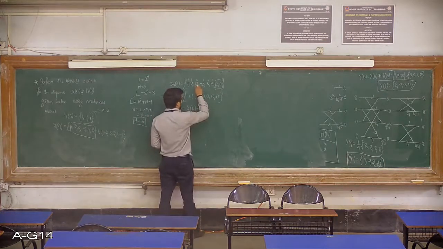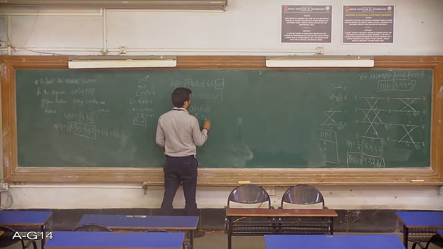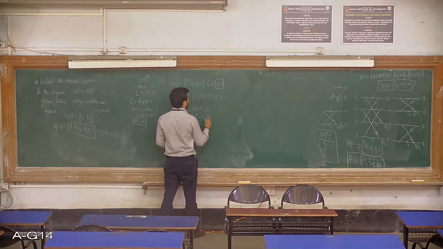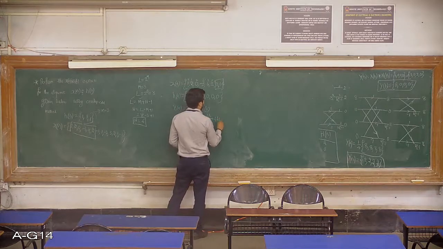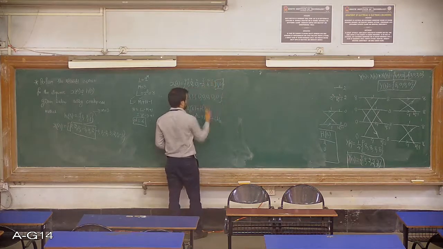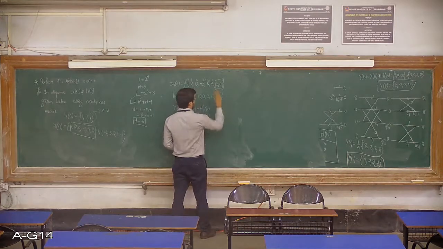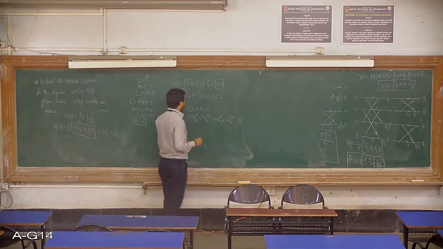Here 0 is there, ignore it. Minus 3. W8 of, what is the value, n value? 3. So 3k plus 4. W8 of, what is the value here? 4. So 4k plus 2 W8 of 5k.